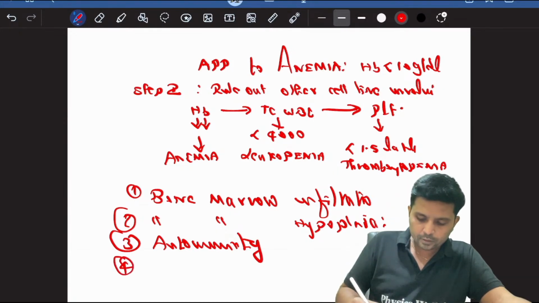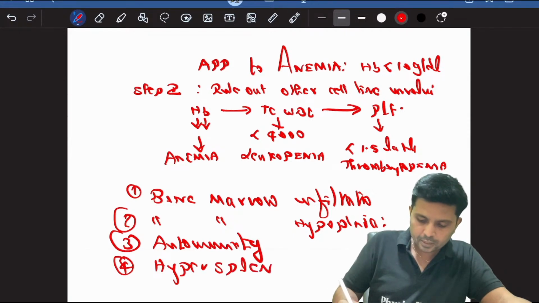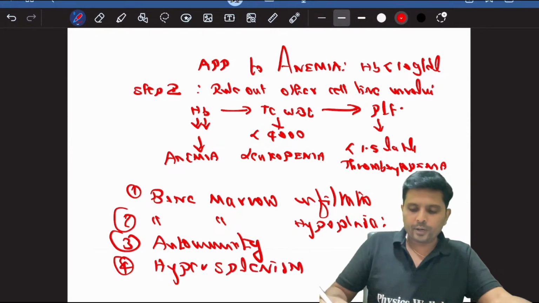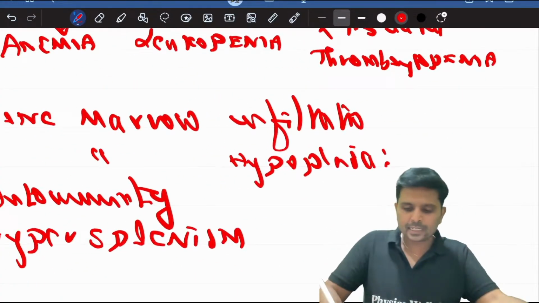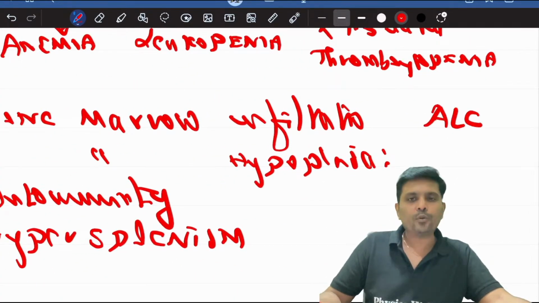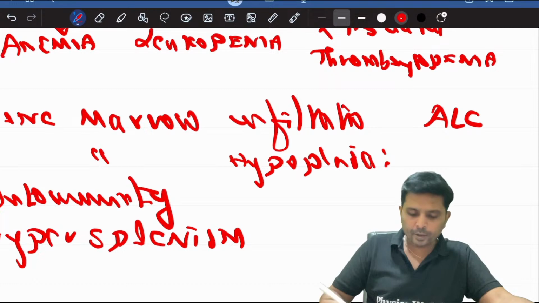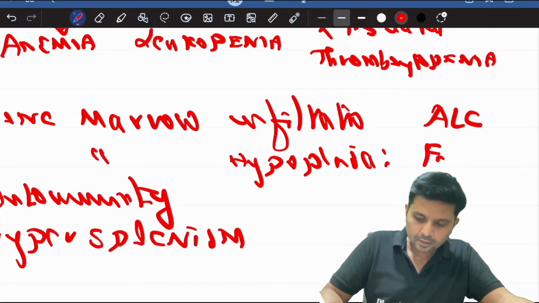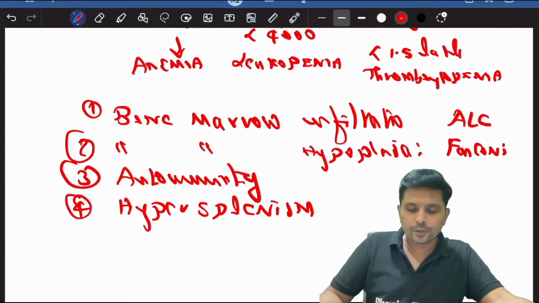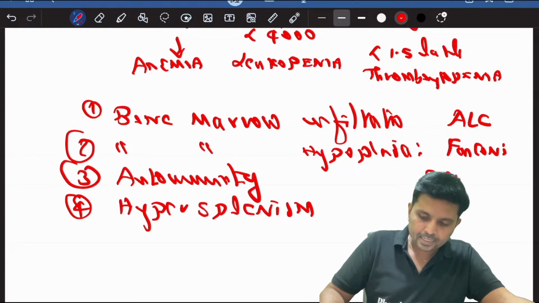Fourth one is hypersplenism, spleen causing destruction. Bone marrow infiltration is nothing but acute lymphatic leukemia. Bone marrow hypoplasia means, for example, Fanconi. Autoimmunity, example, SLE.